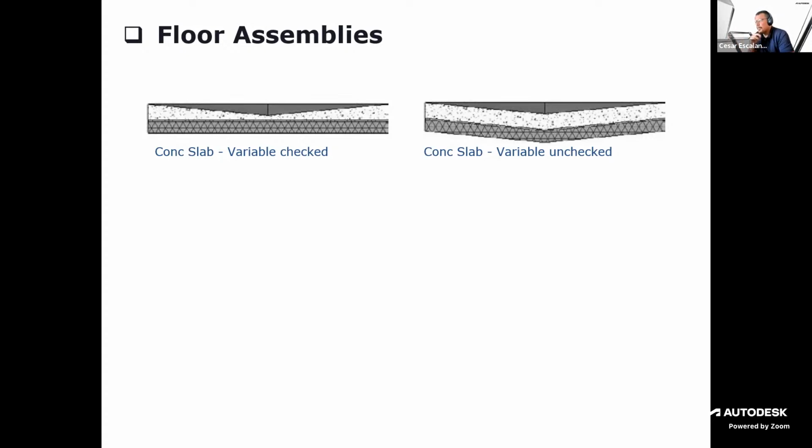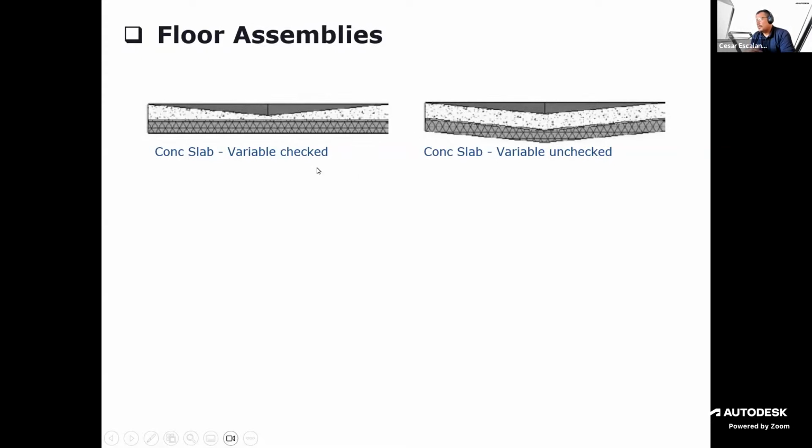And so when the variables are unchecked, that means that all the layers slope consistently at the same time. And when the variable is checked, it means that that particular layer is going to slope.